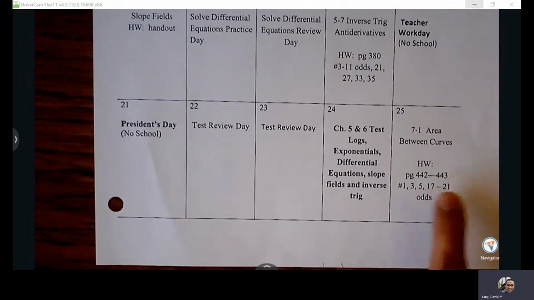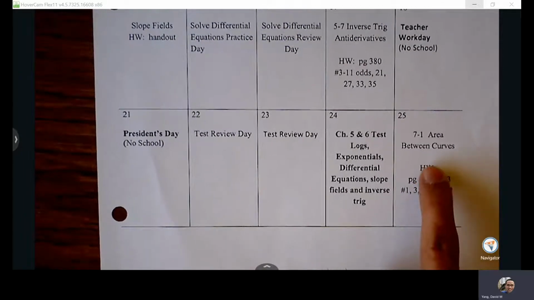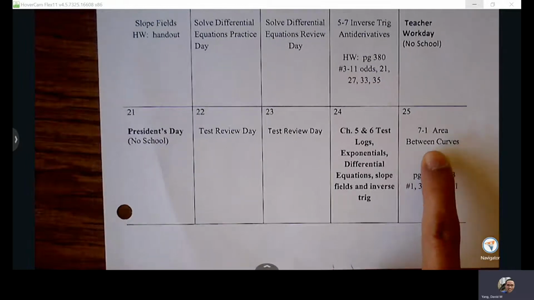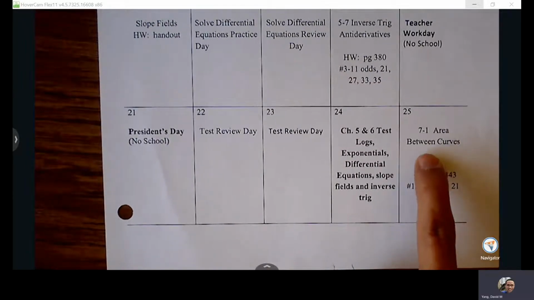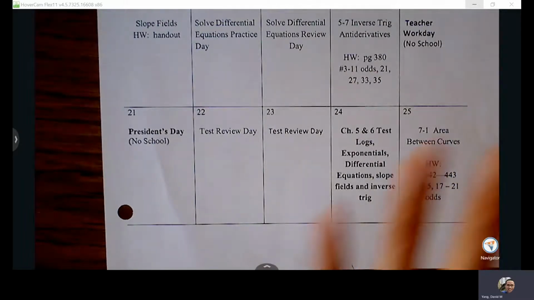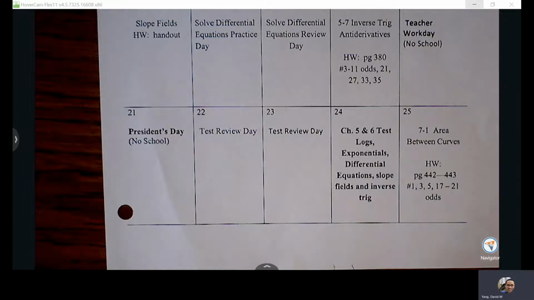Okay, that's going to lead us to the end of February, when we're going to start chapter 7, which is our last unit. We should be able to get done with chapter 7 by beginning to mid-March, and then we'll have the rest of March to start reviewing for our AP exam.